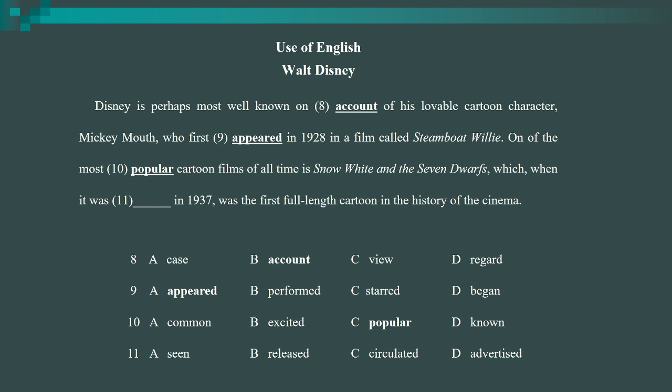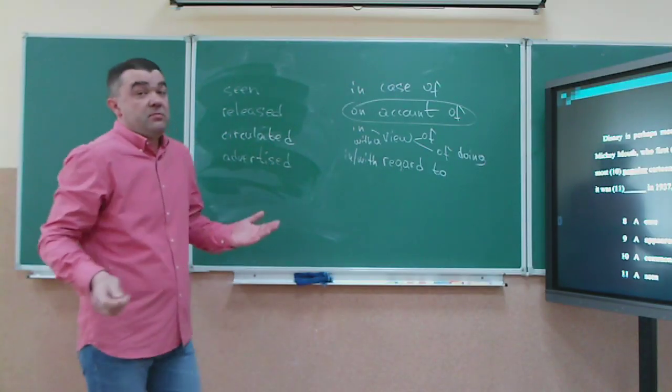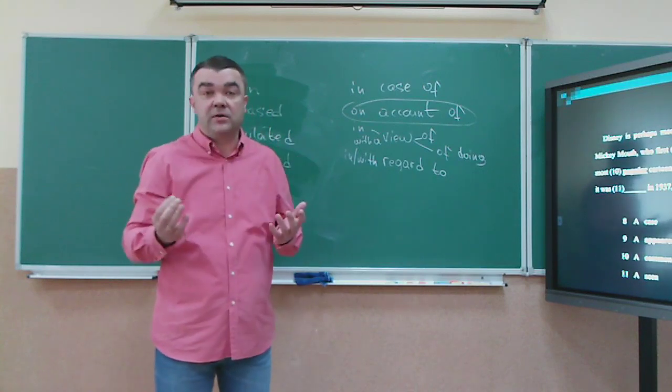Next, when it was in 1937, it was what? What do we have? We have seen, released, circulated, and advertised. What is to see? Just to comprehend with your eyes.